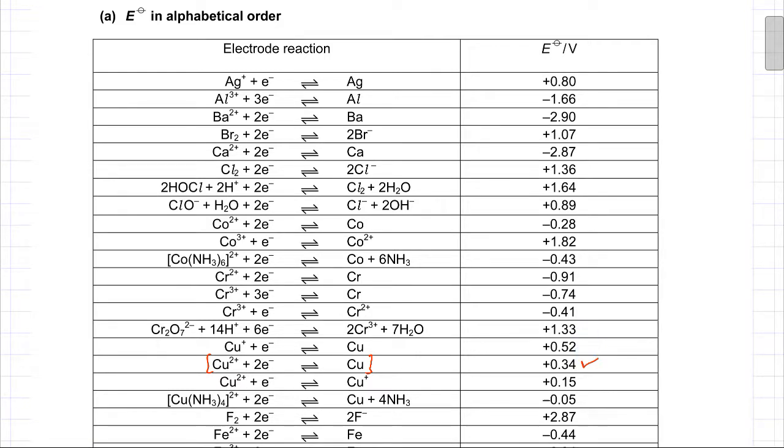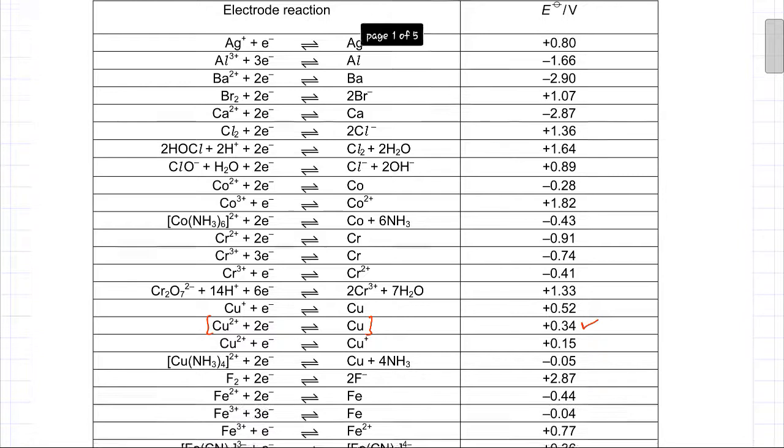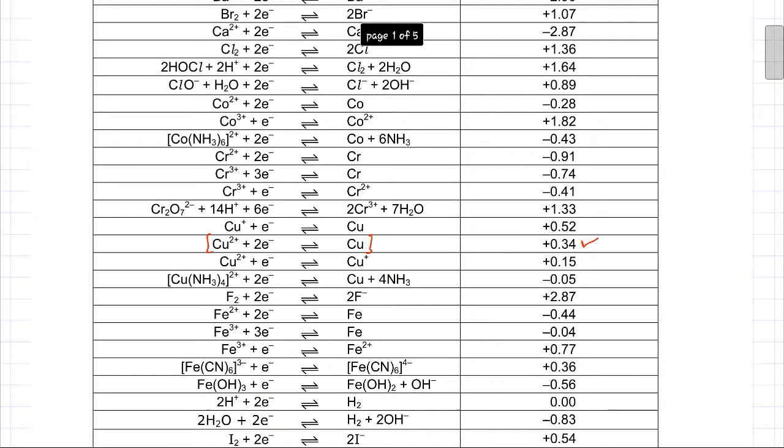The other one was the iron 2 plus iron electrode. The Fe2 plus iron electrode is given over here, and the E0 is minus 0.44. So I found the electrode potentials of both electrodes.